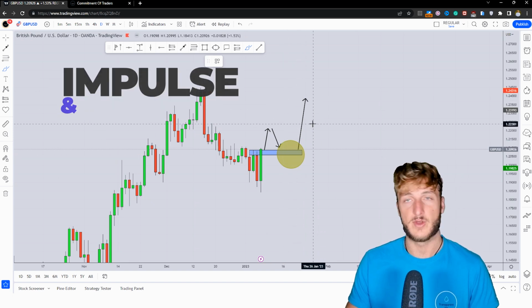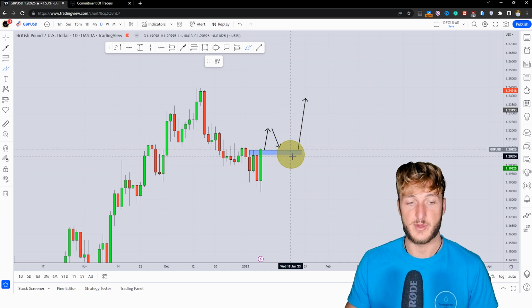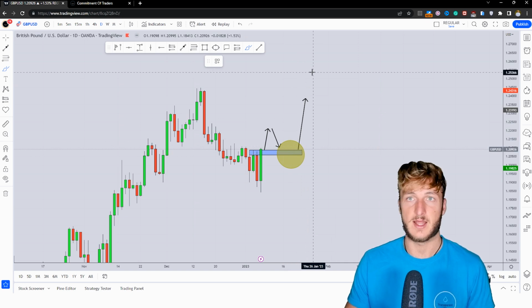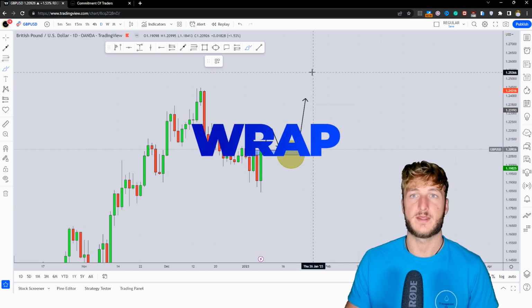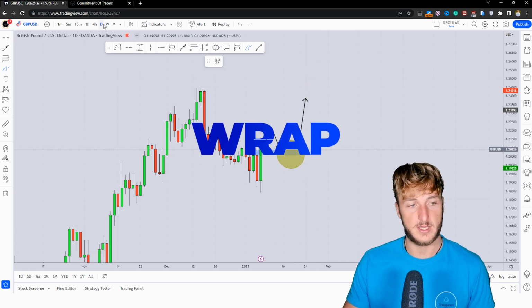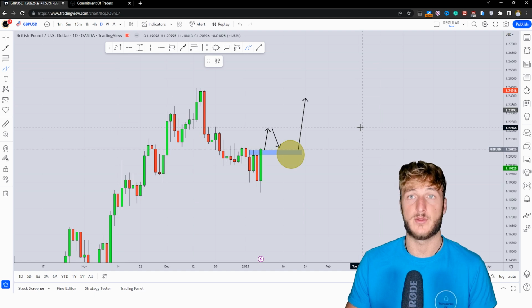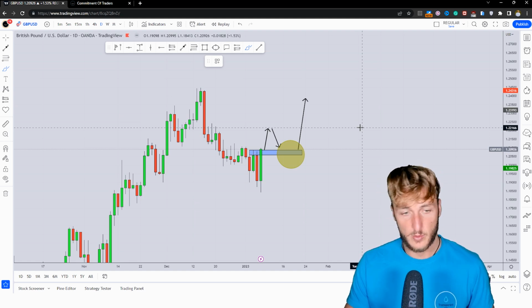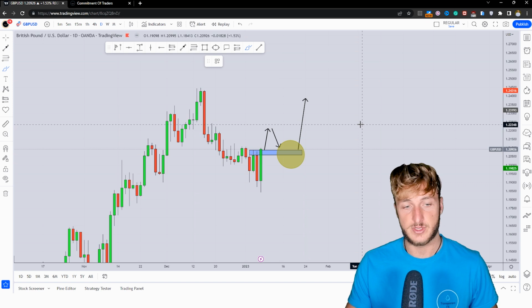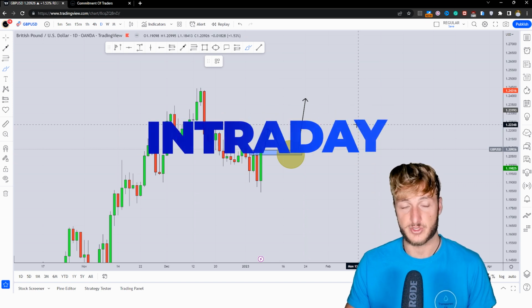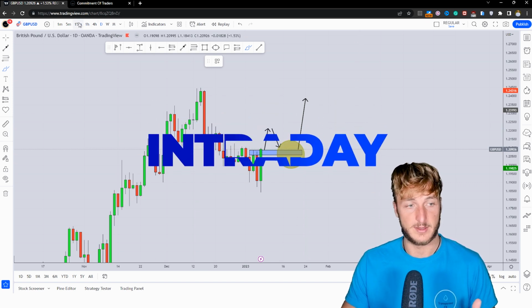So if we do get this move, how we could be approaching GBP USD for a potential move to the upside. Now, as usual, trading is reactive and not predictive. The monthly, weekly, and daily combined with the COT data, those are the best time frames from a directional perspective. However, when it comes to confirmations and entries, the best time frames are the intraday time frames, so 4 hour and lower.